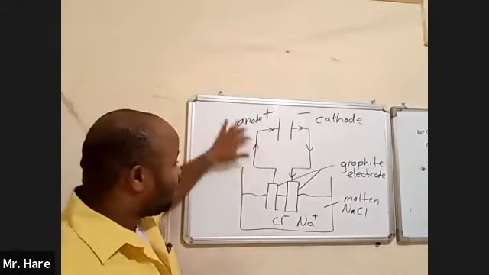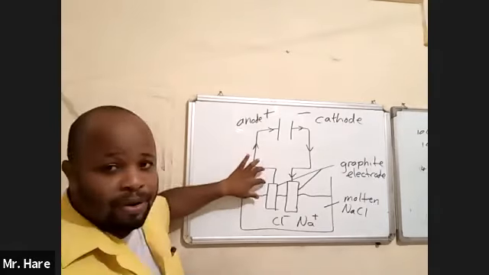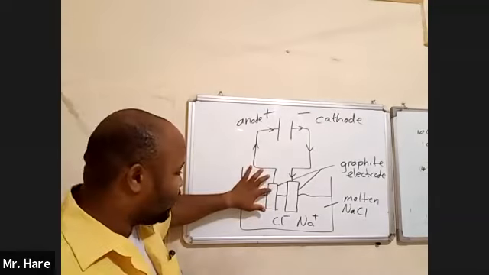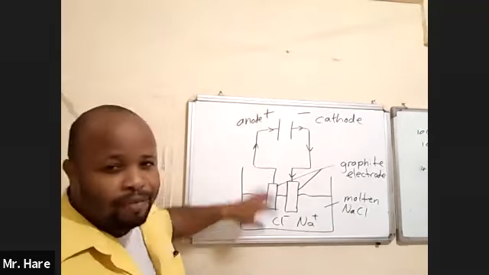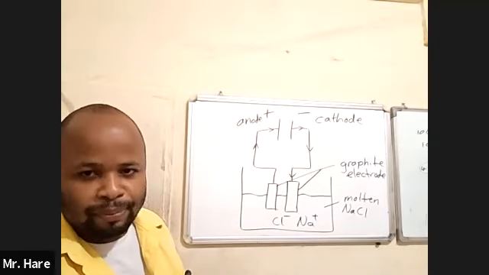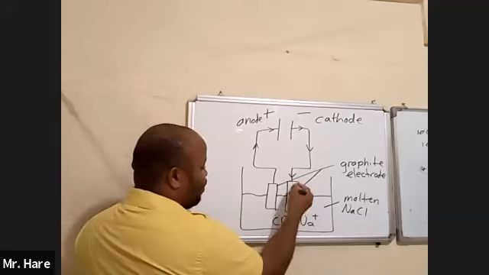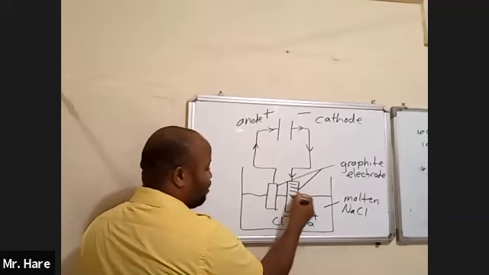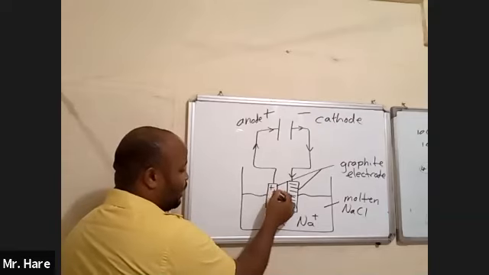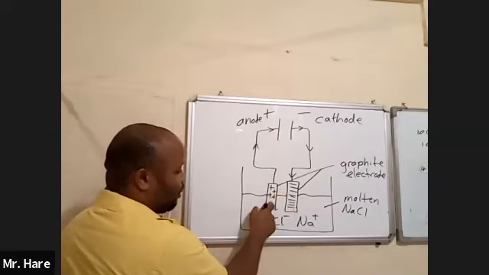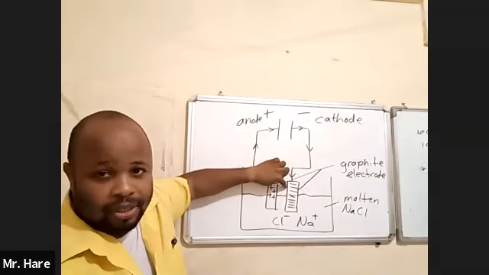So electrons will be leaving here, which means this electrode will be depleted of its electrons. And over this side, remember the electrons are coming here, so over here it will have a surplus. Good?